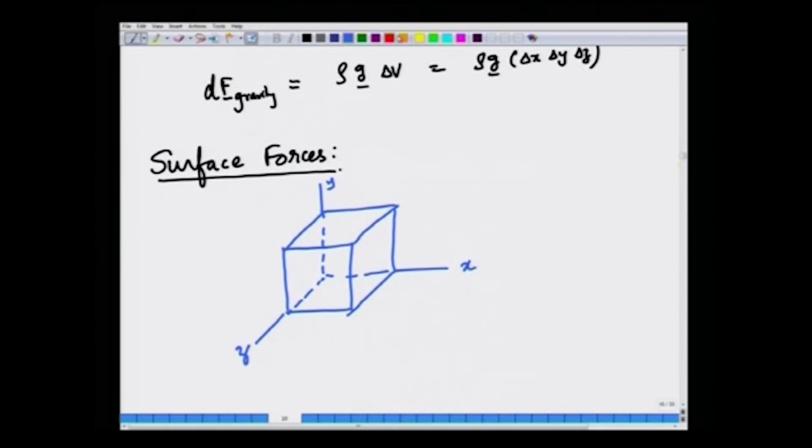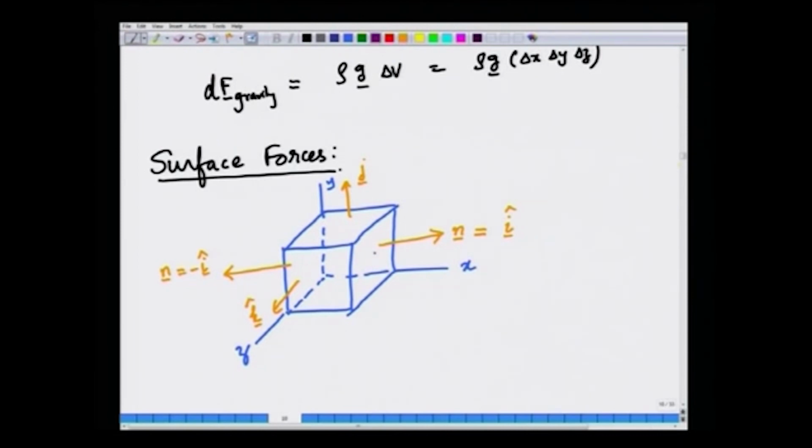Each face is characterized by a unit outward normal. For this face, the outward normal is in the plus i direction, whereas for this face the unit outward normal is in the minus i direction. For this face the unit outward normal is in the j direction, and for this face in the k direction, and so on. So, there are 6 faces, and therefore 6 unit normals that represent the orientation of these faces.